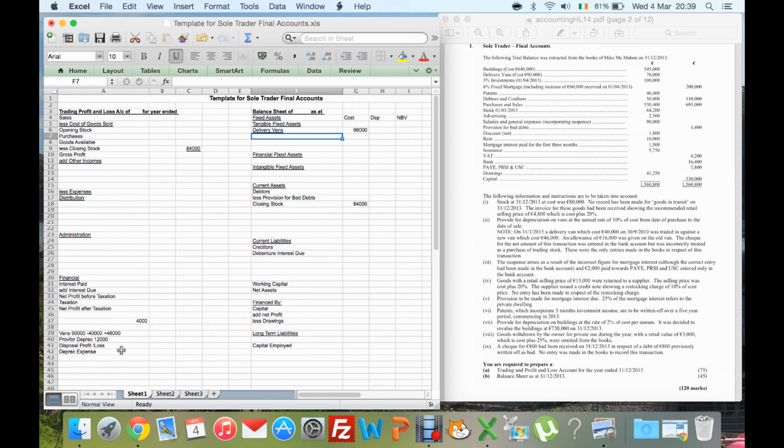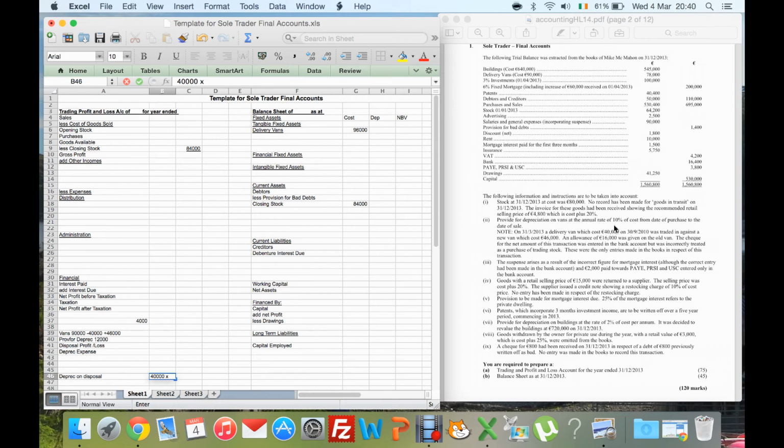Right, so now we need to start working out our provision for depreciation on the one that we sold. So the van originally cost 40 grand. We multiply that by the annual depreciation.